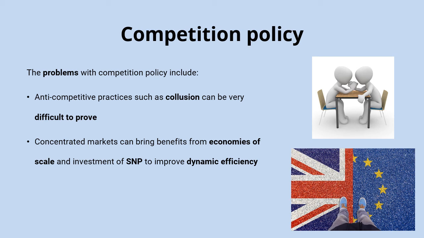These are improvements to efficiency which come over time through innovation, which we need those larger profits to be able to achieve. So we need to be careful that competition policy is only used if the interests of the consumer are being harmed, not just in any market which becomes quite concentrated.